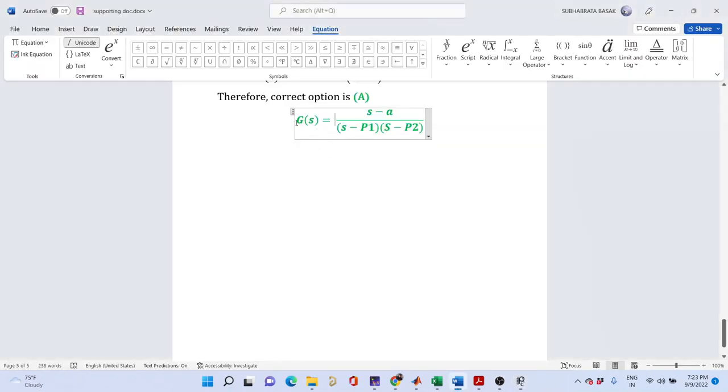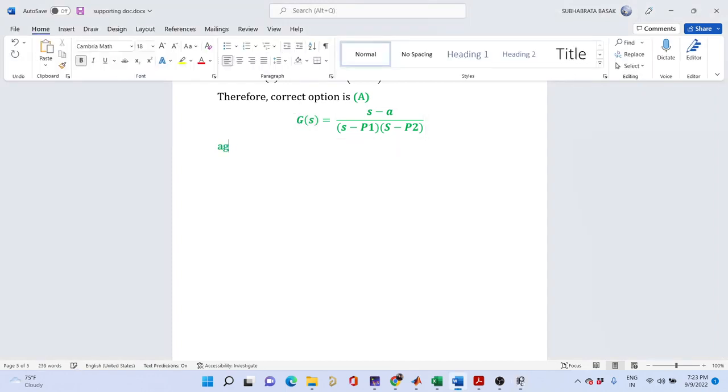The angle of G(s), which I call arg of G(s), is equal to the angle contribution due to the vector s minus a, minus the angle of the vector s minus p1, minus the angle of s minus p2.